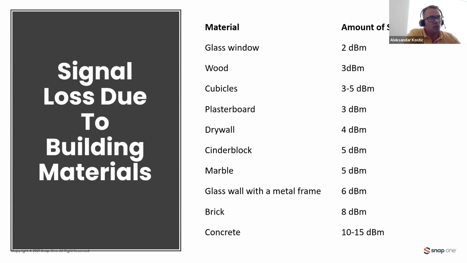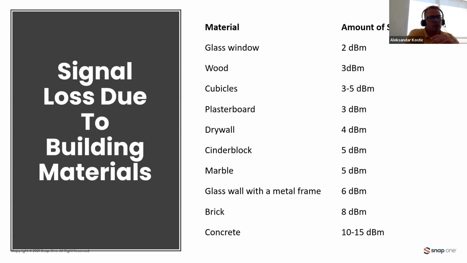So in this table, you can see an example of how much different materials affect our wireless signal. First of all, we have a glass window, which is 2 dBm, then wood 3 dBm, cubicles 3 to 5 dBm, etc. And the worst are glass with a metal frame 6 dBm, brick 8 dBm, and concrete 10 to 15 dBm.